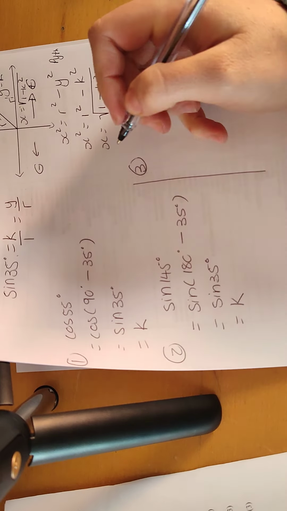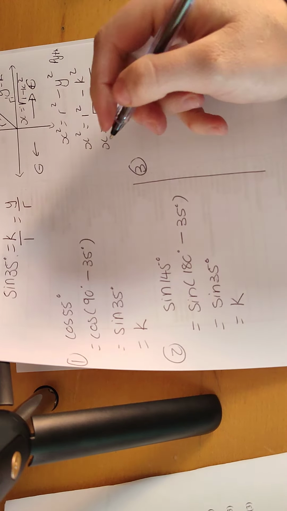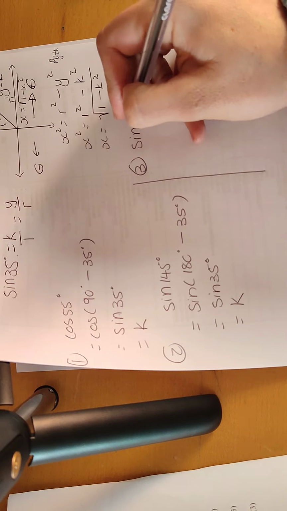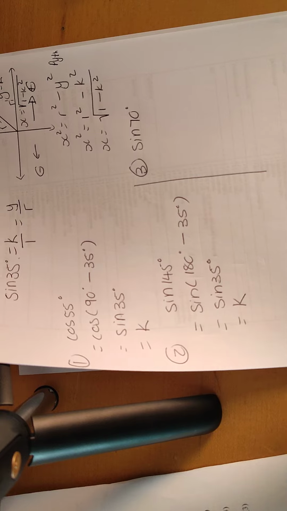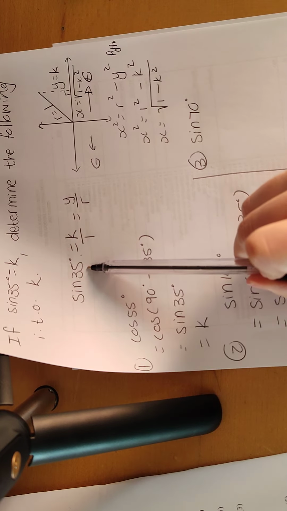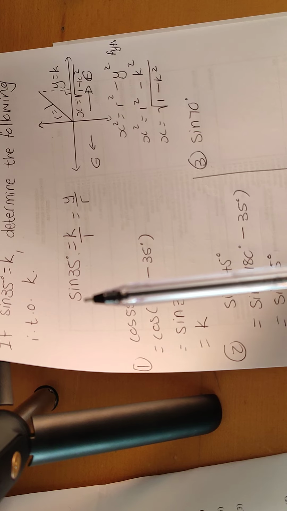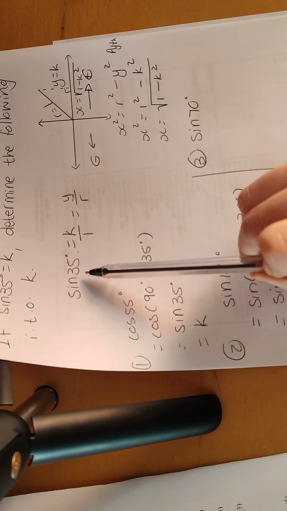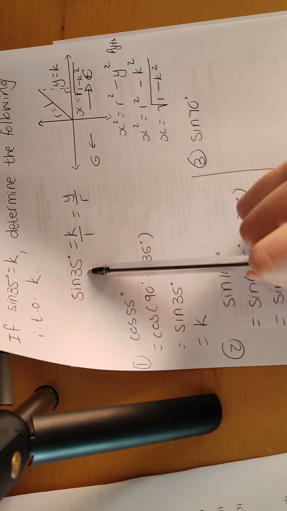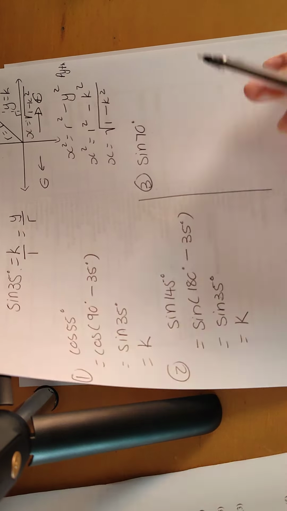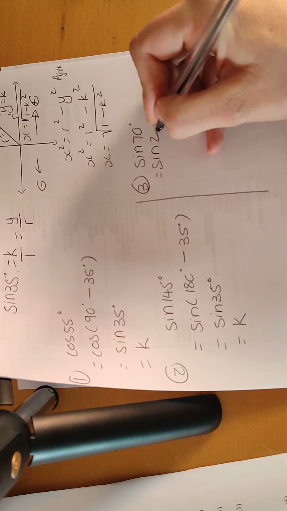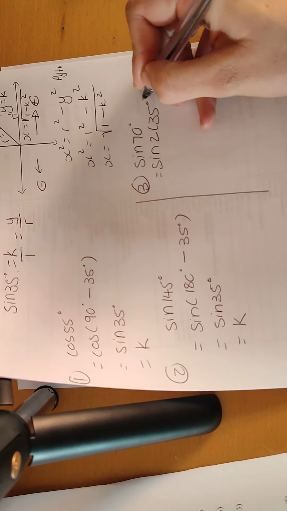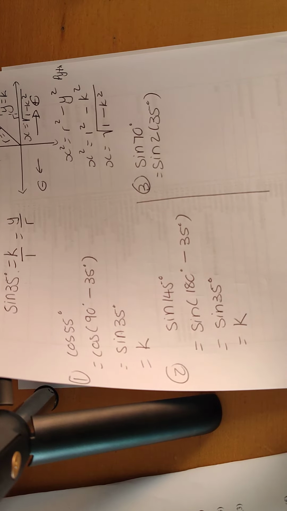Next question that they gave you was sine 70 degrees. Okay, now think quickly. What was the degree that they gave you there? 35 degrees. And what is 70 degrees in comparison to 35 degrees? Okay, so we're going to say 70 degrees is 2 times 35 degrees.